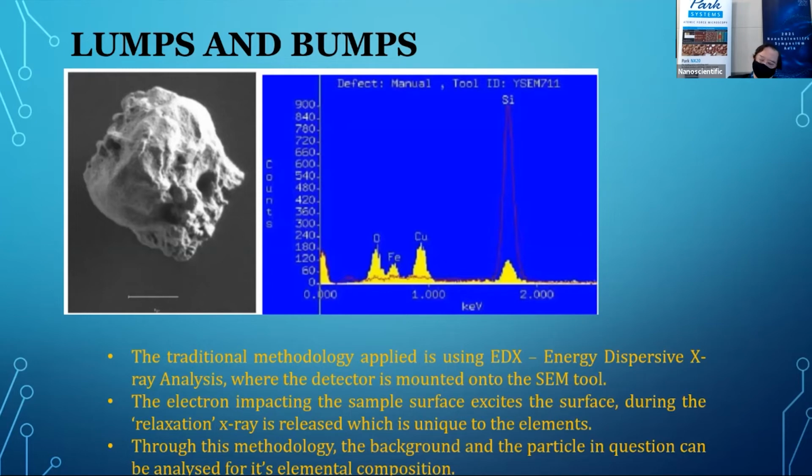But having said that, with the SEM, you can see the particle. You may be able to analyze the particle, but you cannot tell how rough it is, or what its shape is three-dimensionally. Right.